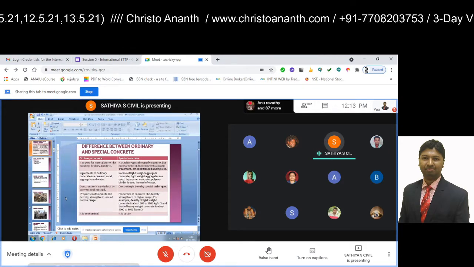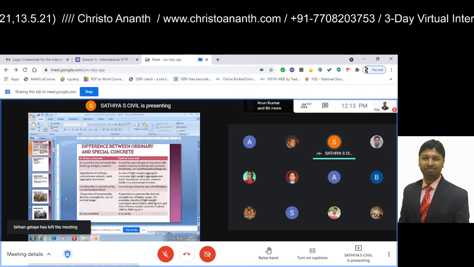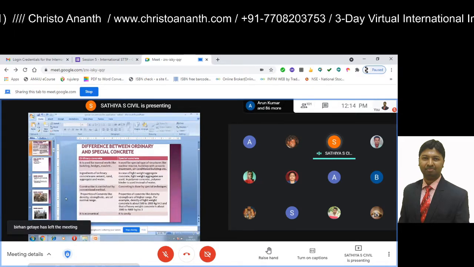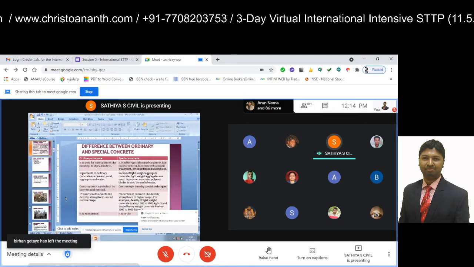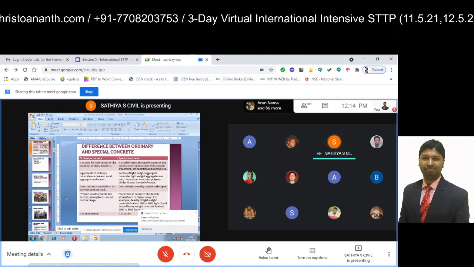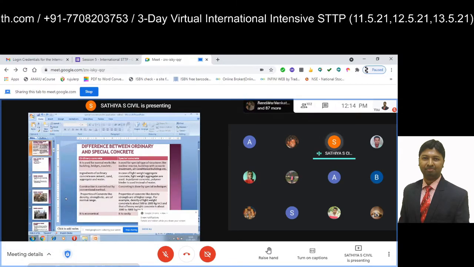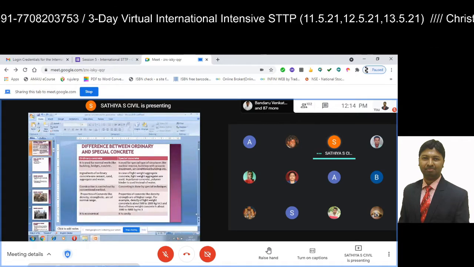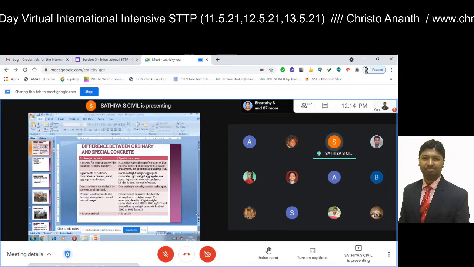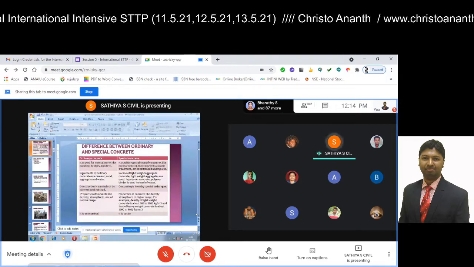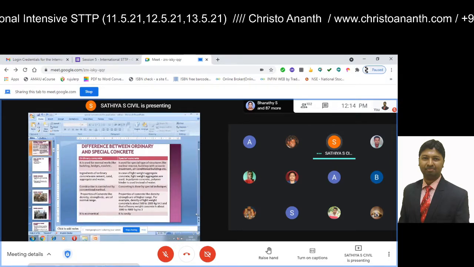In ordinary concrete, construction is carried out by the conventional method, that is the normal method we are following in the construction industry. Special concreting is done by special techniques. The properties of concrete like density, strength, etc. are of normal range for ordinary concrete.